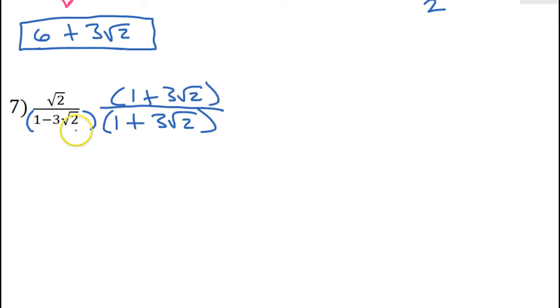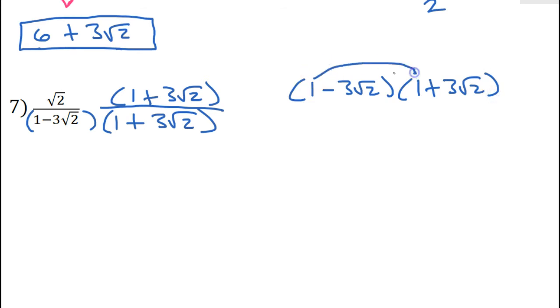All right, I'm going to do this off to the side. So I've got 1 minus 3 radical 2 times 1 plus 3 radical 2. Okay, 1 times 1 is 1. 1 times 3 radical 2 is 3 radical 2. Negative 3 radical 2 times 1 is negative 3 radical 2.